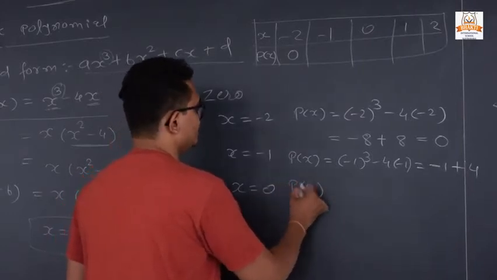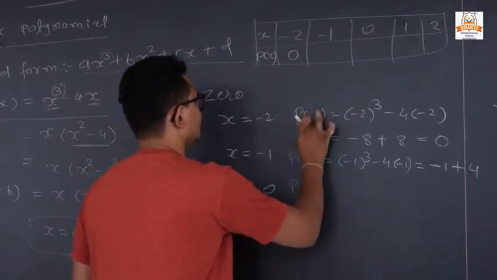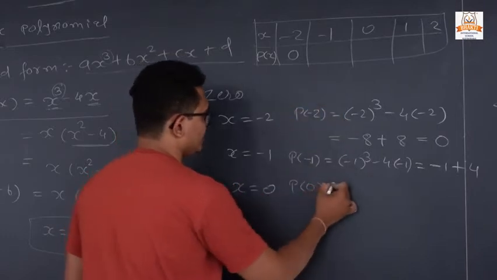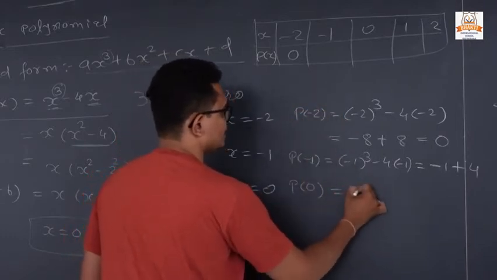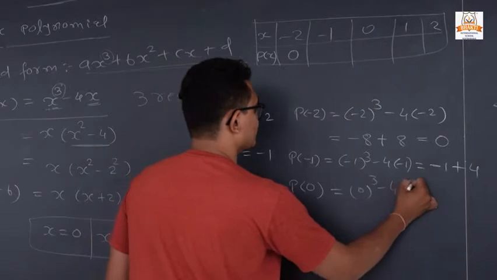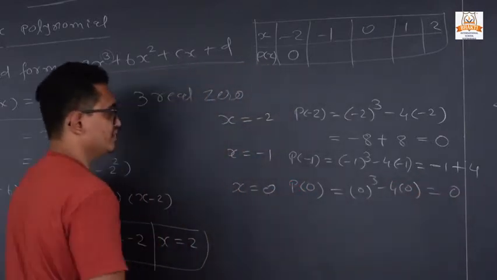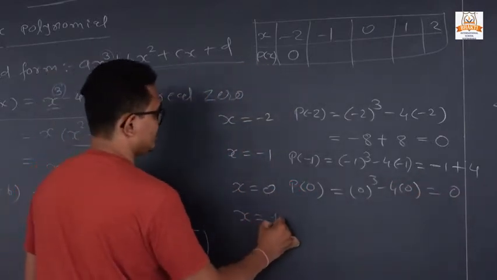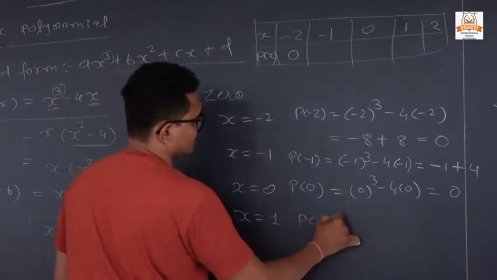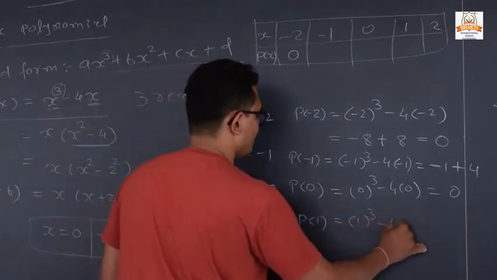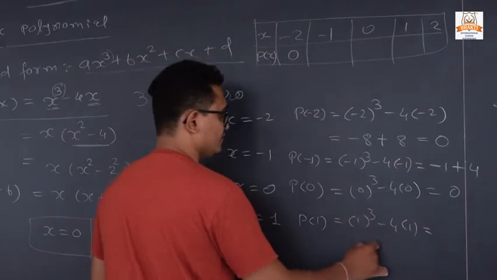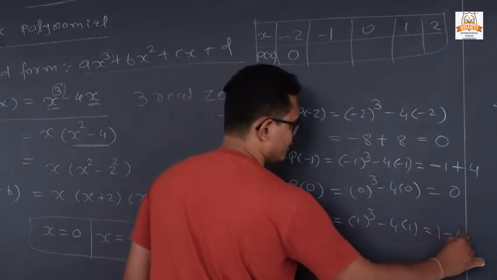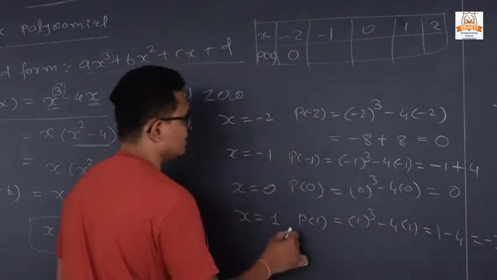So p of 0 is 0 cubed minus 4 times 0, so the answer will be 0. Now x is equal to plus 1. So 1 cubed minus 4 times 1. 1 cubed is 1, minus 4, so it will be minus 3.